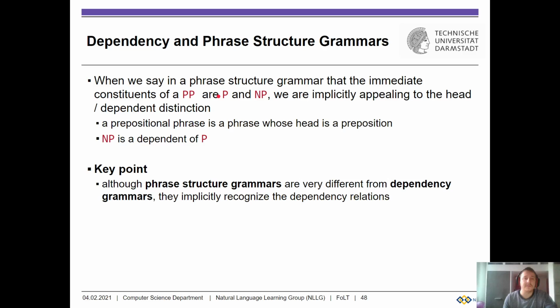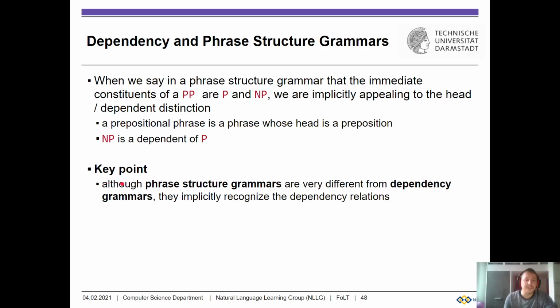If we say that the immediate constituents are a preposition and a noun phrase, then we're also implicitly appealing to the head-dependent distinction. So we would say a prepositional phrase is a phrase whose head is a preposition, so that the preposition is actually the head, and its governor, and it's governing the noun phrase, so that the noun phrase is the dependent of the preposition.